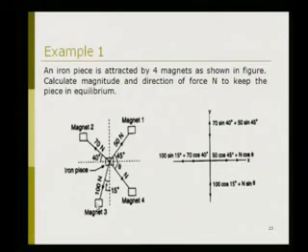Then magnet 3 is applying a 100 Newton force, again tensile, and the angle with respect to minus y is 15 degrees. And for the fourth magnet M4, we don't know this value N, and we have to calculate the value of N and theta in such a way that this iron piece must remain in equilibrium, that means it will remain at the same position. So let us calculate the components.